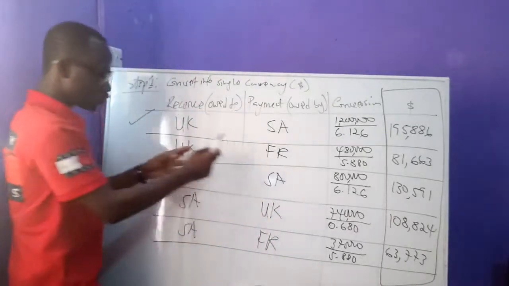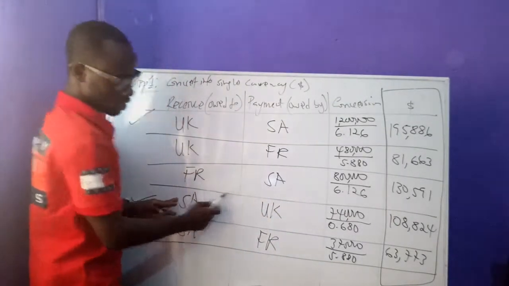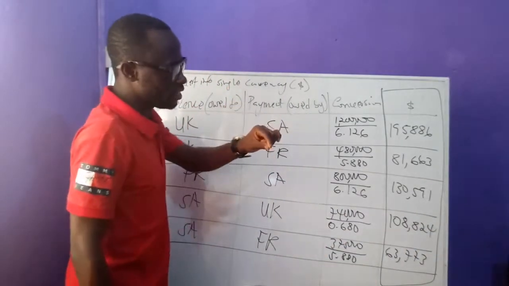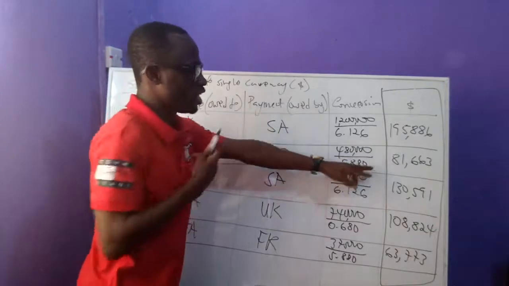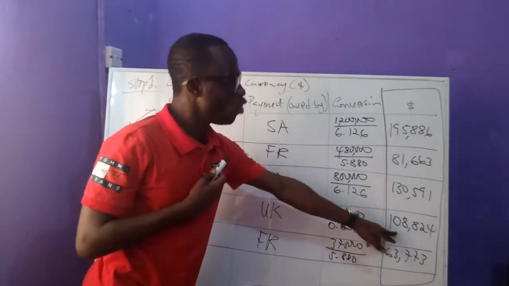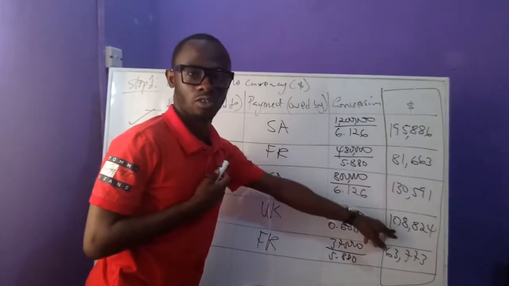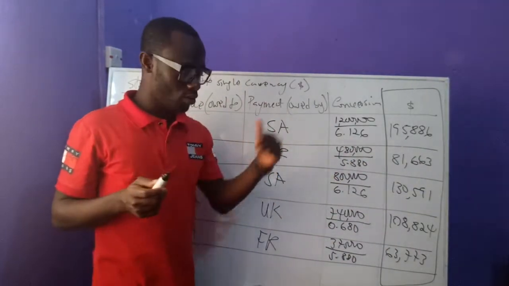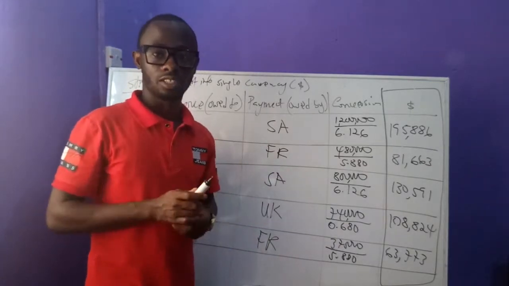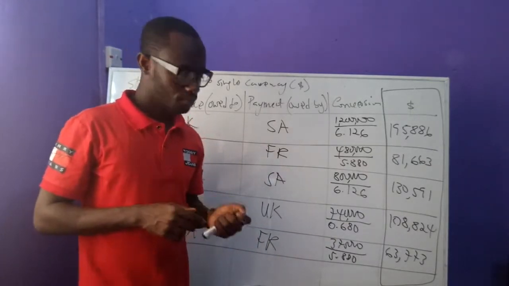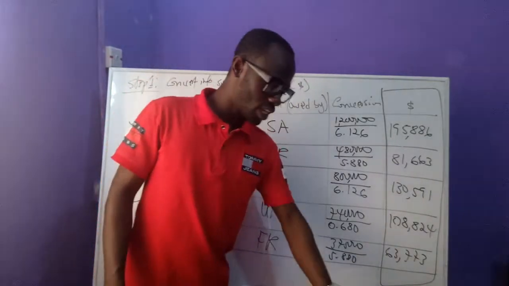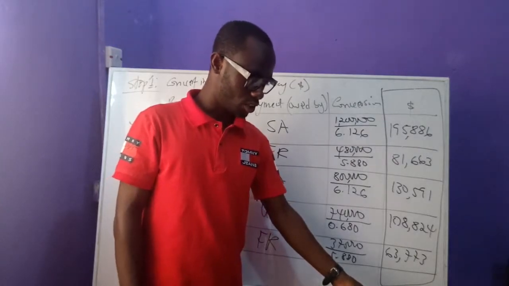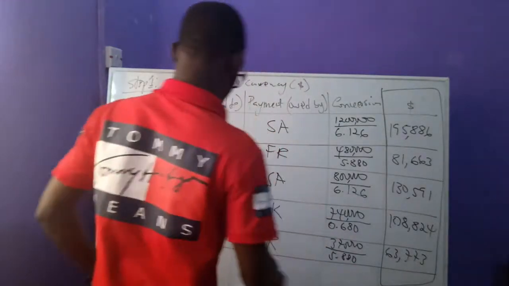The UK company will also pay the South Africa company $108,824. So when we say netting off, the South Africa company will say, I owe you this, you owe me this. So let's net off. And then we find a difference. That is what we are talking about here, and that is what we're going to be doing from the second step down to the sixth step for us to finish. So after we do that, we set up a matrix so that we can do our workings in relation to that. So let's set up our matrix then.